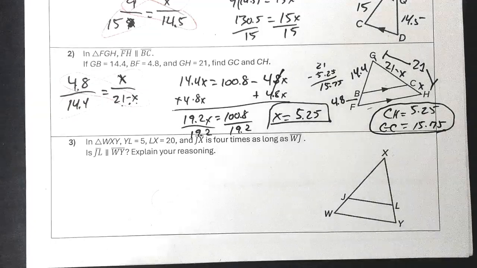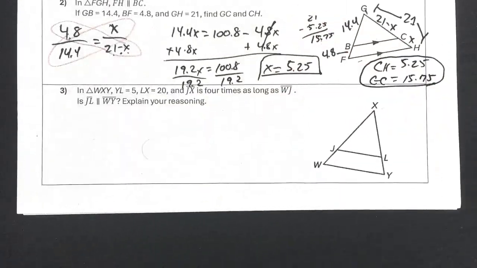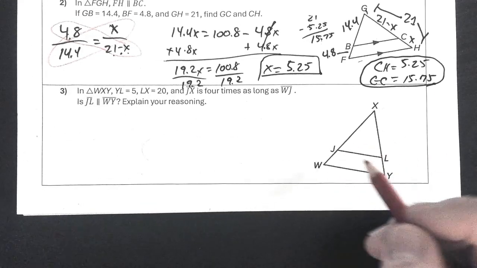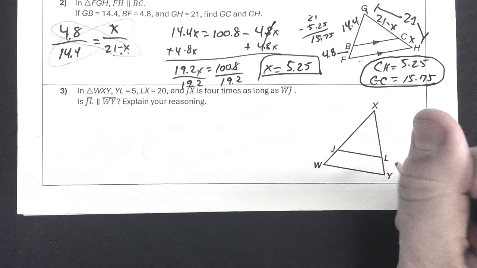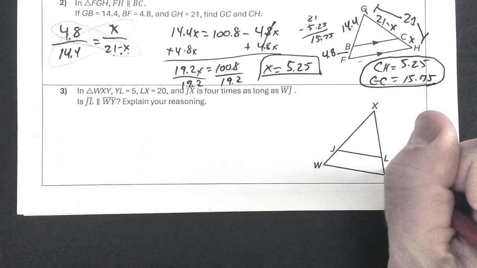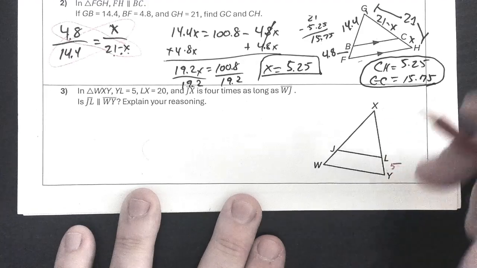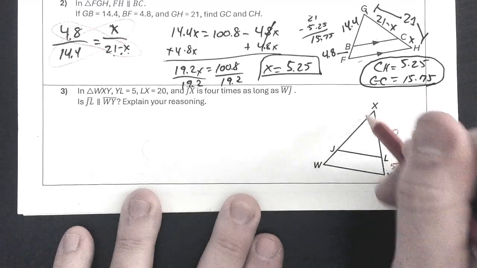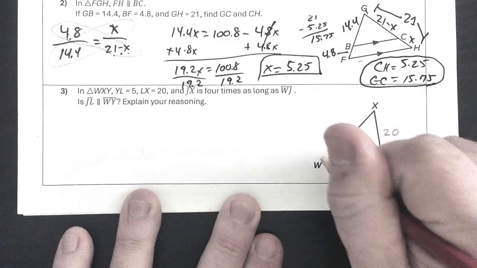All right, so for the bottom, I'll get this set up for you. You're going to do it just like we did here. It says YL equals 5, and XL equals 20. And it says JX is 4 times as long as WJ.